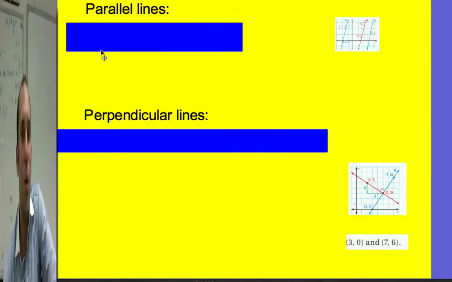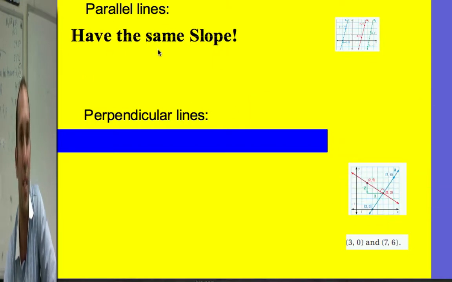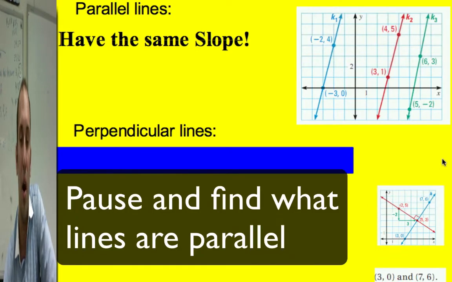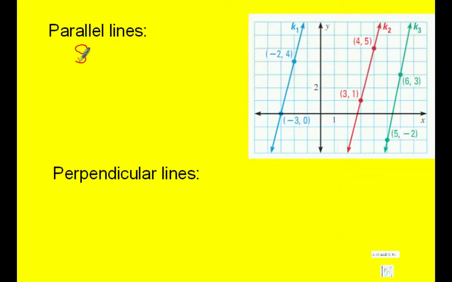All right. Now we're talking about parallel lines. There's something that's going on with the slopes. The slopes are always the same. We have the same slope. Which lines do you think have the same slope? Take a look here at the parallel lines. We're going to have the same slope. So let's take a look at K1.